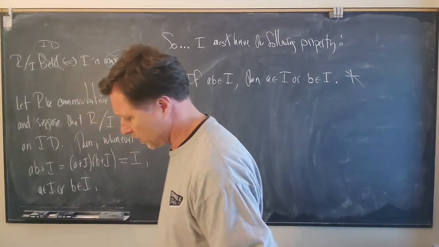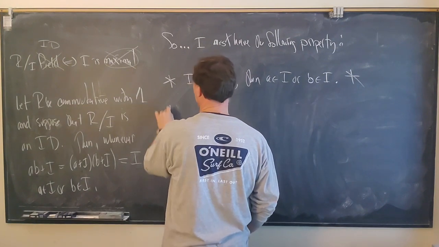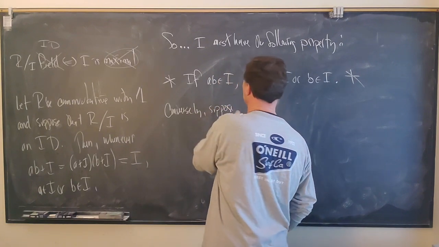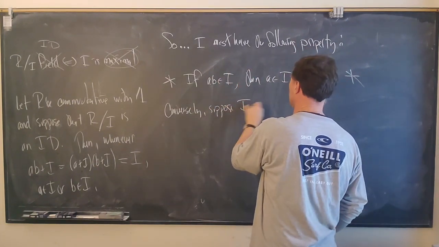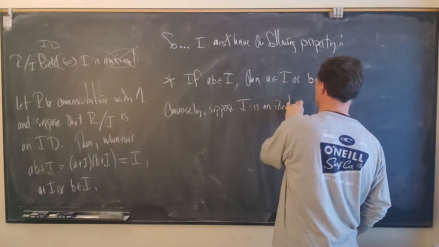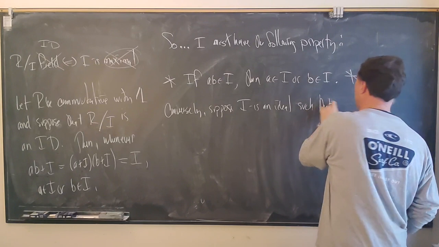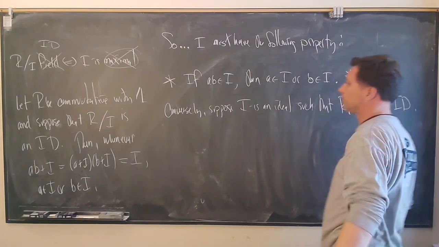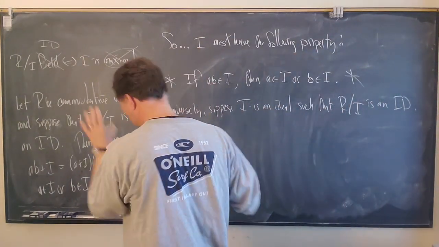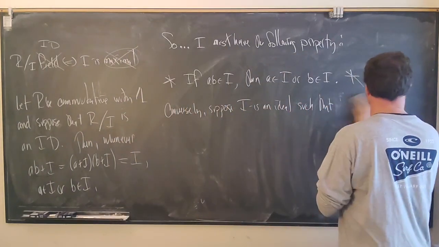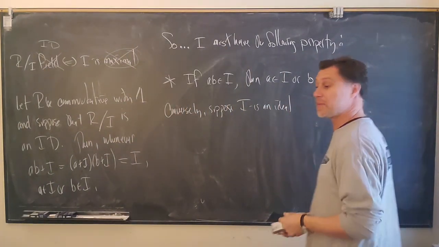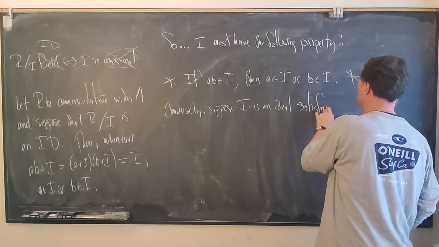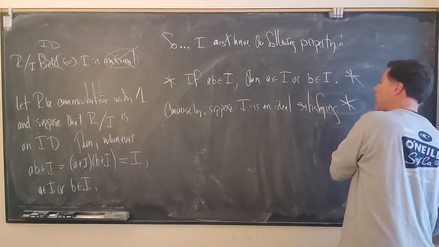What about in the reverse direction? So let's say conversely, suppose I is an ideal satisfying property star.